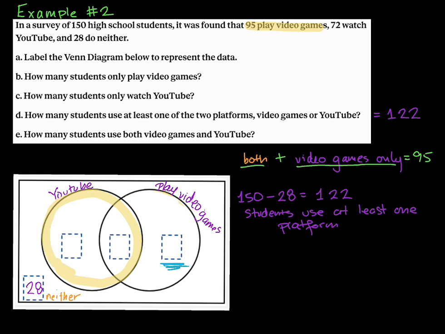So remember, the whole number for YouTube is 72. And this whole number for plays video games is 95. That's the whole circle.